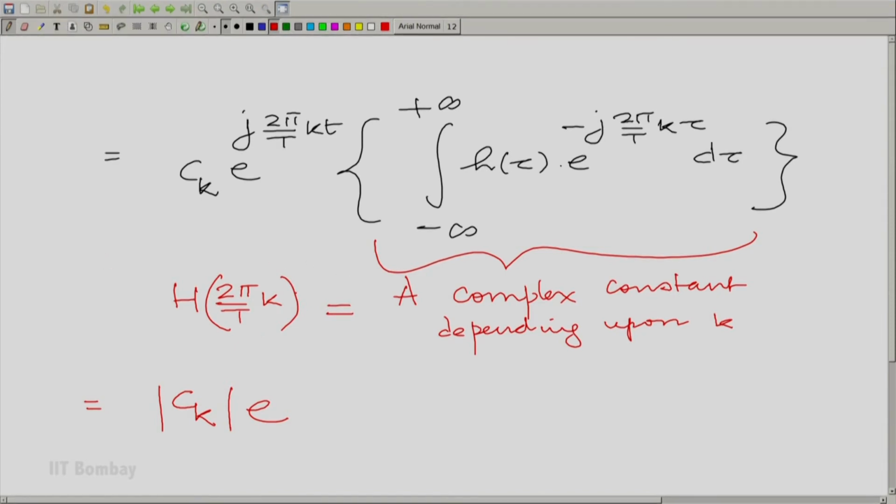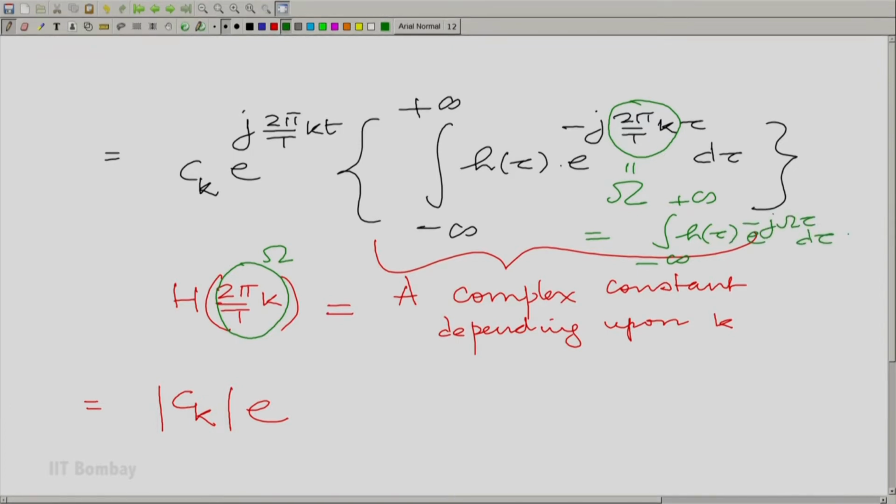We can call this whole argument capital omega, and therefore what we are saying is that this is essentially the integral from minus to plus infinity h(tau) e^(minus j omega tau) d tau with omega at a specific point.